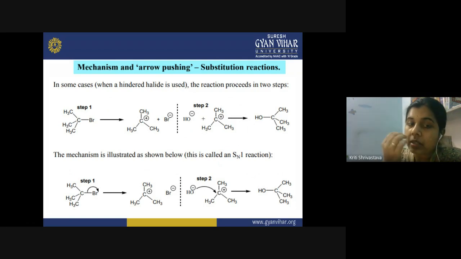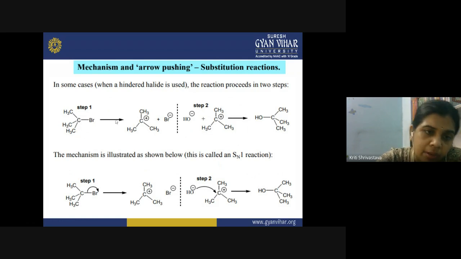So what happens when you do not have hydrogens there, when you have some bulky group attached to the carbon in the alkyl halide? Here we have the carbon connected to three methyl groups. This is a tertiary butyl group, right? In place of the hydrogens you have three methyls, and they are attached to the bromine.